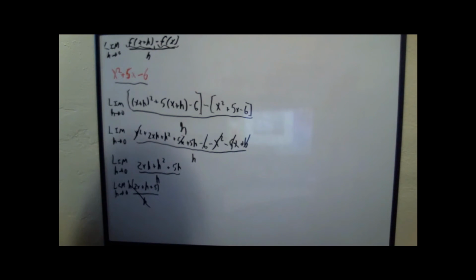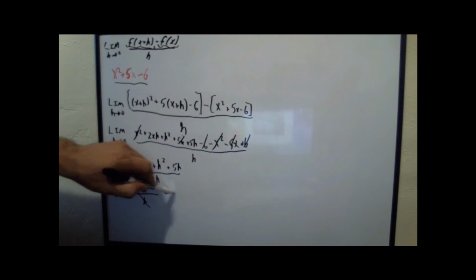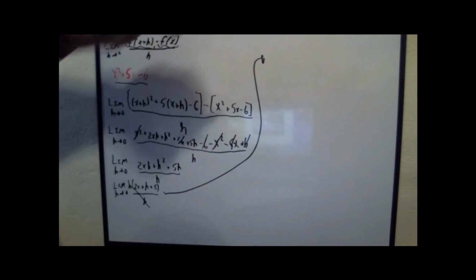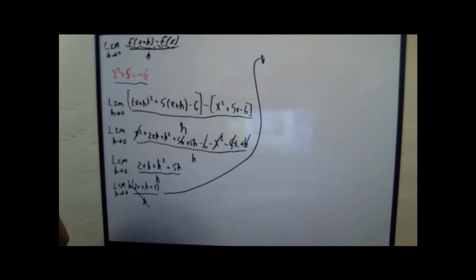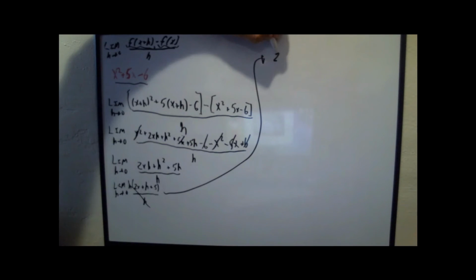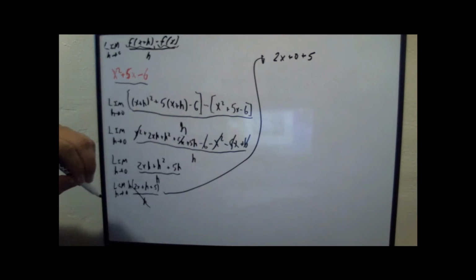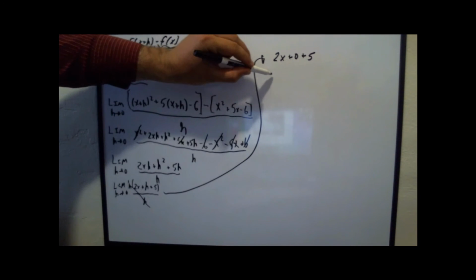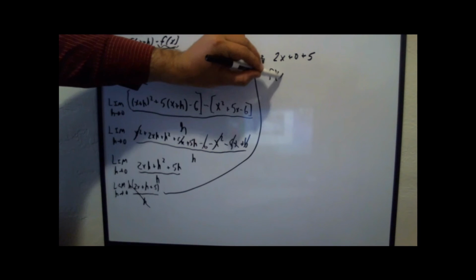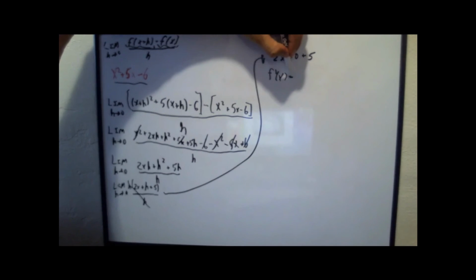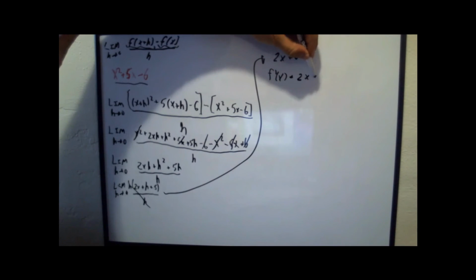That means we can now evaluate the limit. I'm going to move up here, and anywhere that h exists, I'll put a 0 in. So I've got 2x plus 0 plus 5. That means our derivative can be written as f prime of x, and that's going to be 2x plus 5.